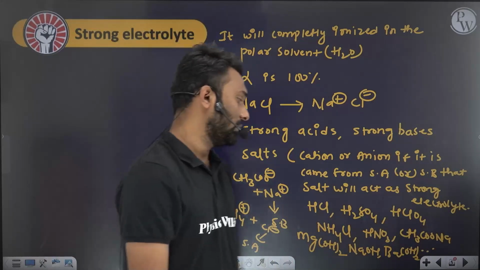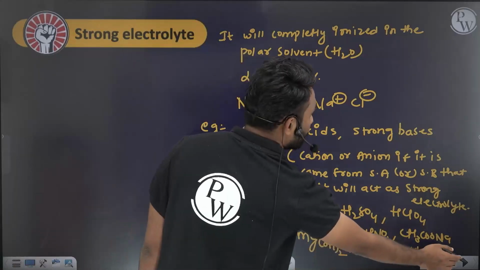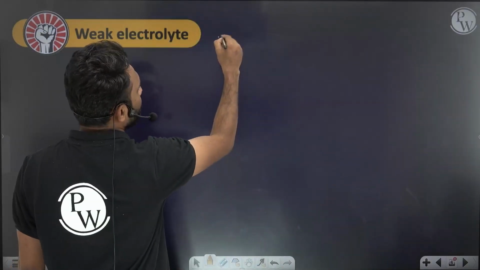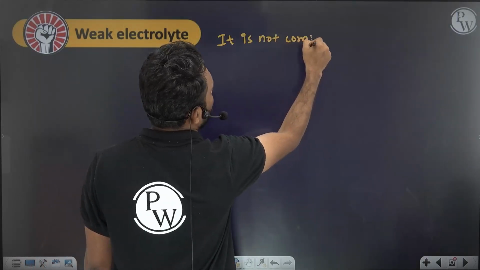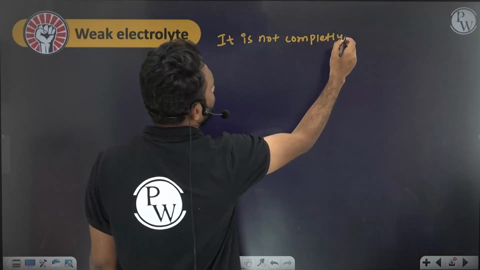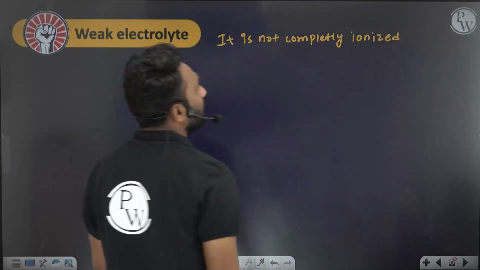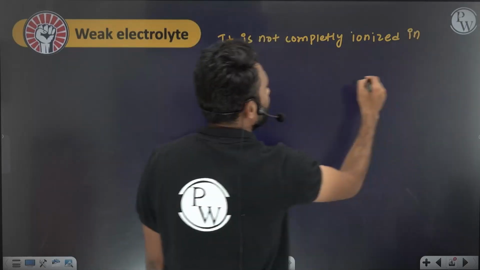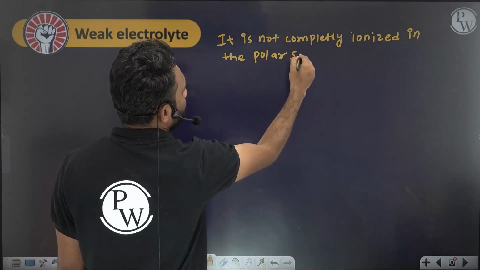Okay, next we are going to see weak electrolytes. A weak electrolyte is one that is not completely ionized in a polar solvent.